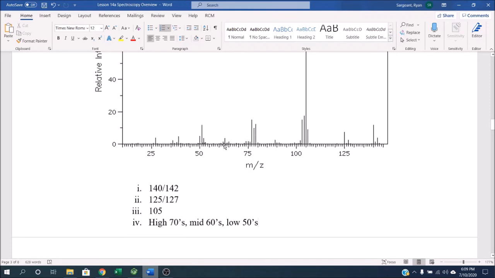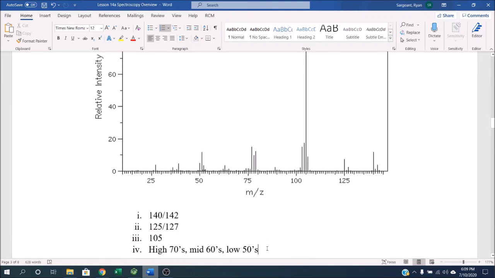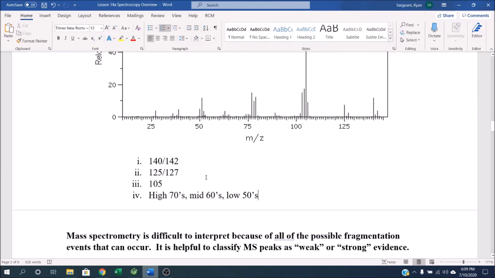So high 70s, little teeny peaks in the mid 60s, medium-sized peaks in the low 50s. That is indicative of a benzene ring. And so when we try to explain this one, we have a mechanism that will allow us to explain the 125, 127, 105, but here I need to use my words, and this is the common fragmentation pattern for a benzene ring.